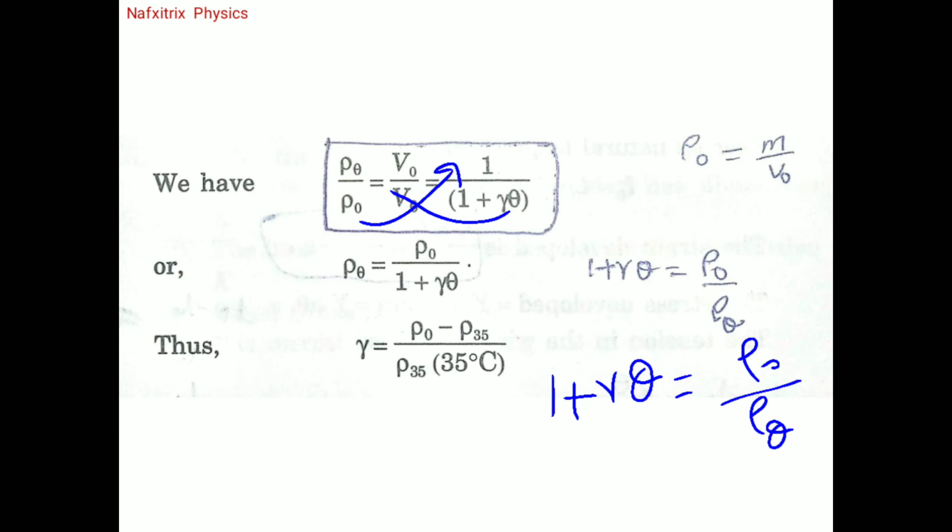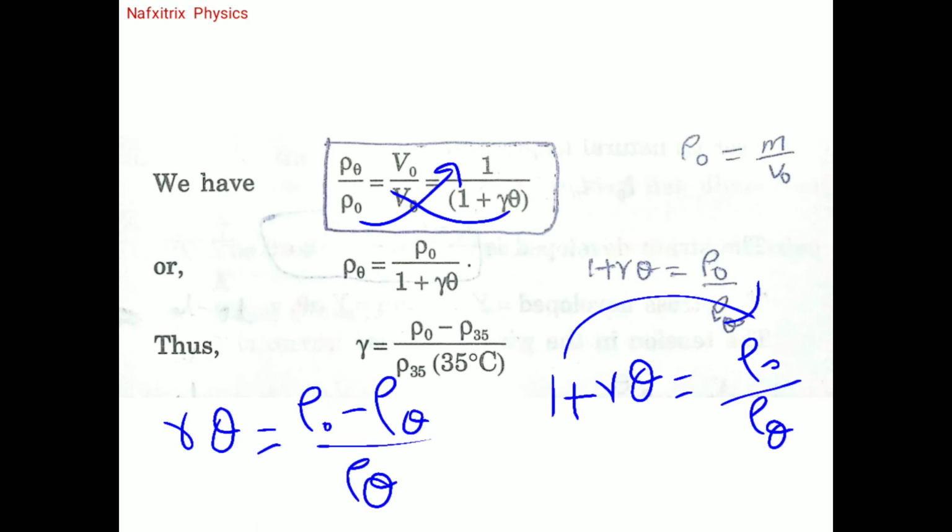If we send this 1 to that side, we get minus 1, so gamma theta equals rho naught minus rho theta by rho theta. Just sending this delta T to this side, this is the formula we are getting.